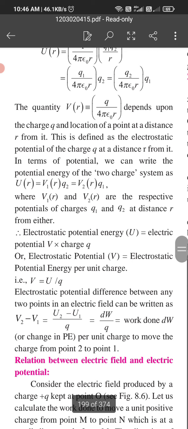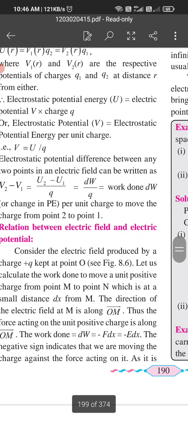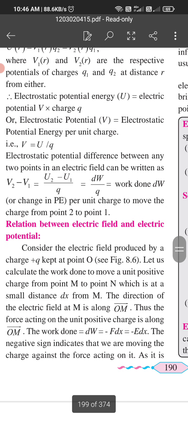Next point, relation between electric field and electric potential. Consider the electric field produced by charge plus Q kept at point O. Work done to move a unit positive charge from the point M to N, with a distance dx from M. So direction of M along, that is OM vector.